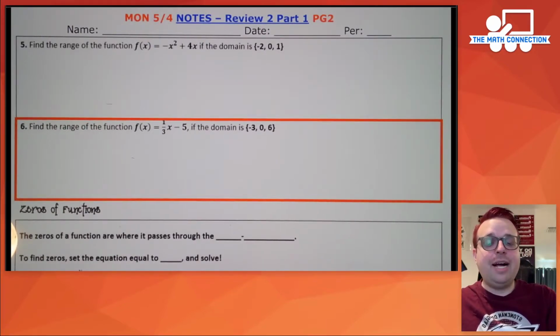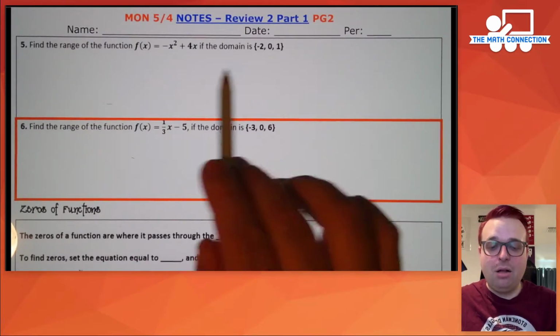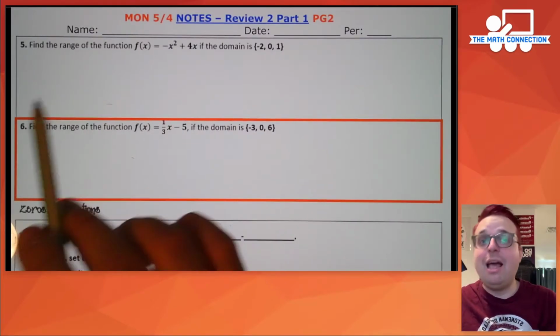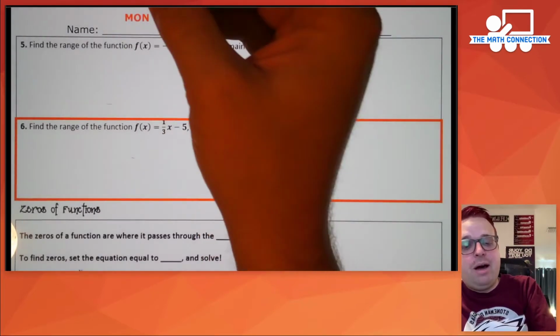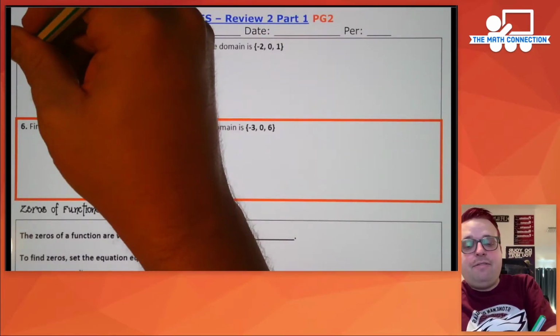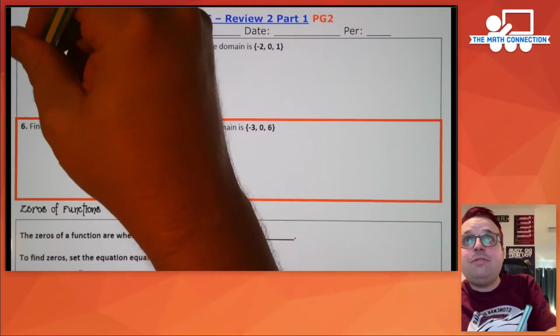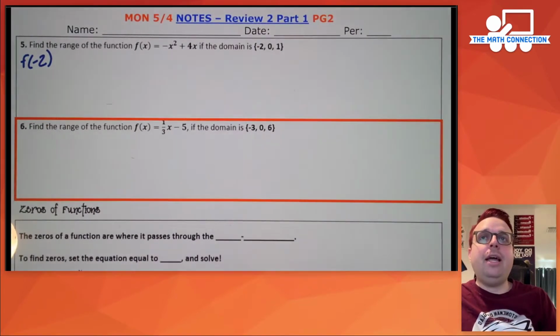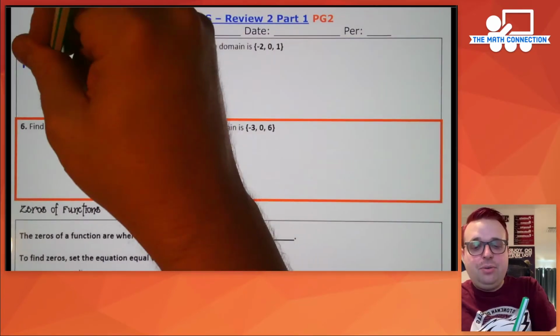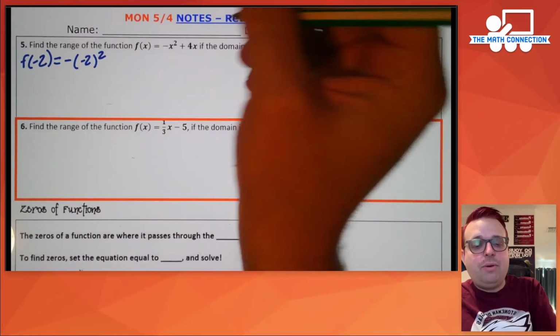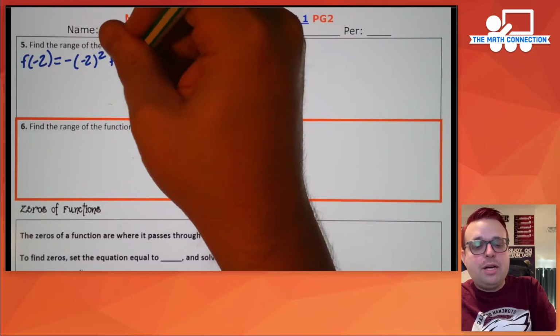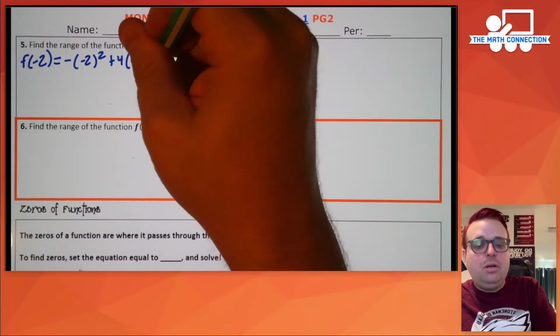So in order for me to find the range, I need to plug in all these x's, or these inputs, and figure out what the outputs come out to. So let's figure them out. We're going to do f of -2 first. And when I plug in -2, I get -2 squared plus 4 times -2.